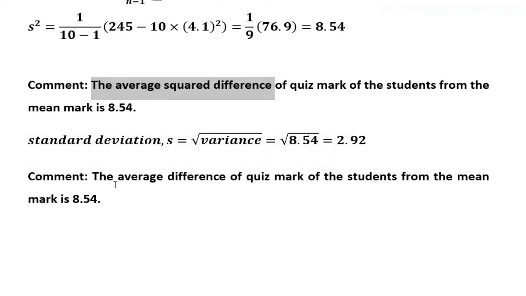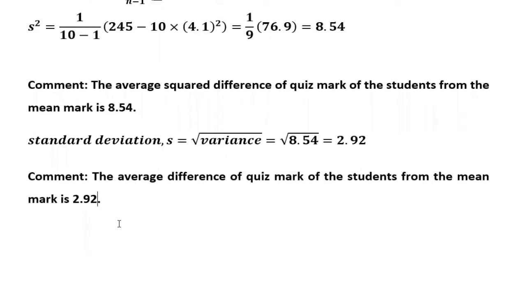The average difference of quiz marks of the students from the mean mark is 2.92. So for the variance, the average squared difference of marks is 8.54, and for the standard deviation, the average difference of quiz marks of the students from the mean mark is 2.92.